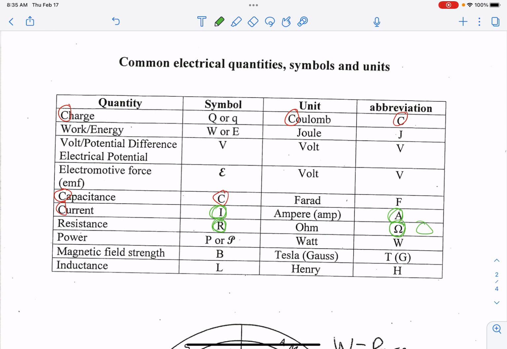Another thing I should point out is that there are a number of different ways in which we talk about volts. Sometimes we talk about volts and we use the letter V. Sometimes we're going to be using the script letter E, electromotive force, an old-fashioned name because volts and forces are not the same thing. But it's an old-fashioned name from 100 years ago.